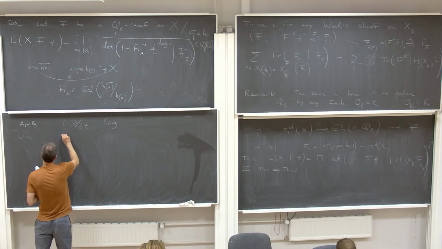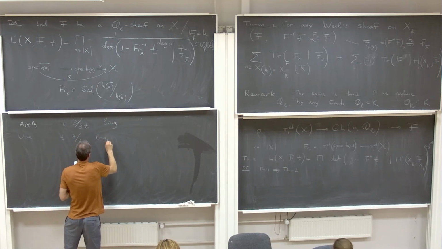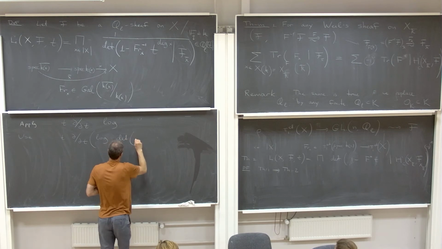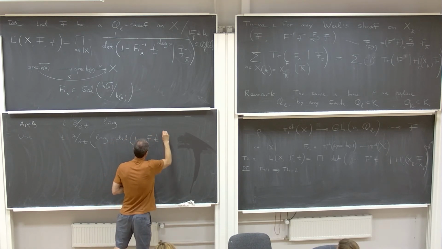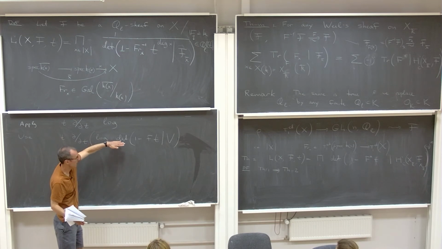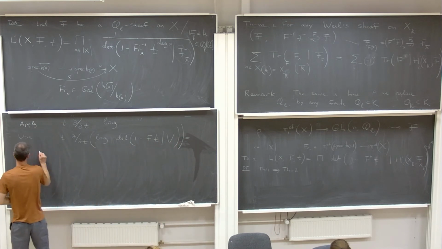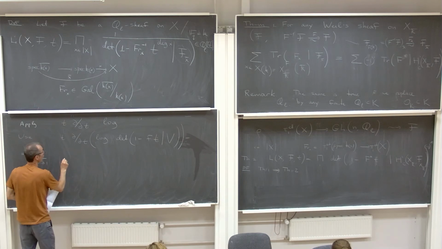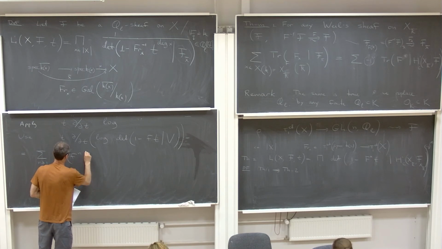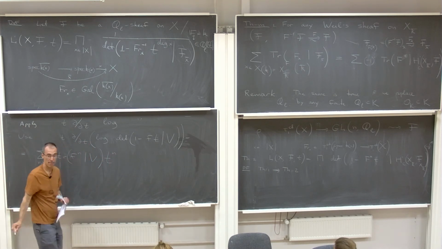If you take the logarithmic derivative of the characteristic polynomial of an operator f acting on some vector space V, f is any operator, and I take the logarithmic derivative of its characteristic polynomial, then what you will get is the sum over all n greater or equal than 1 of traces of f to the power n acting on V times t to the n.